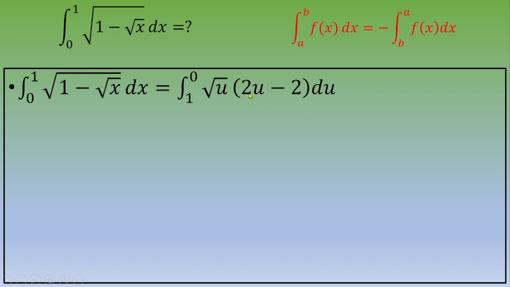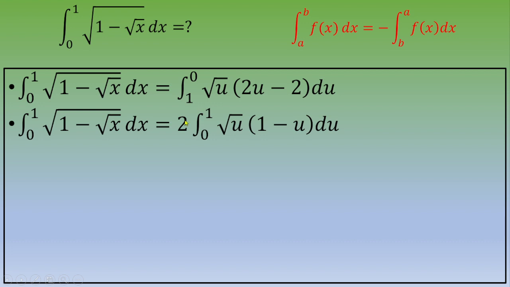So instead of writing 2u minus 2, we are going to write 2 minus 2u. And 2 is a common factor, so we can put this common factor outside of parentheses and even in front of the integral. So we are going to get 2 times the integral from 0 to 1 of square root of u times (1 minus u) du.